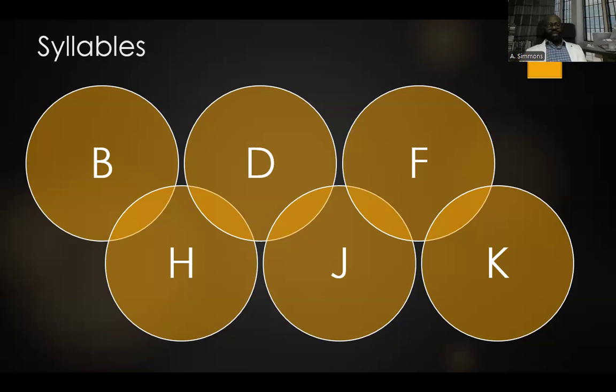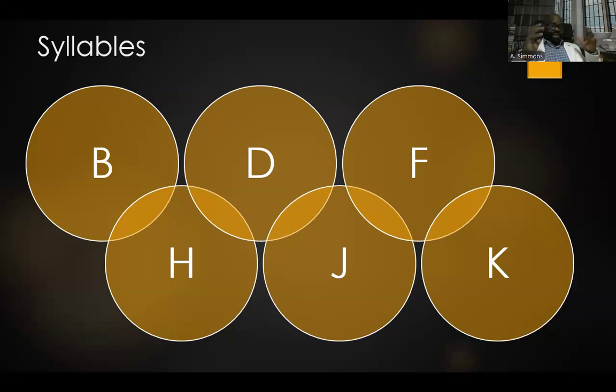But what I was planning on doing was simply putting vowels behind the consonant, creating a syllable. For example, B, put the vowels behind it: ba, be, bi, bo, bu. There you go. You've got five syllables.